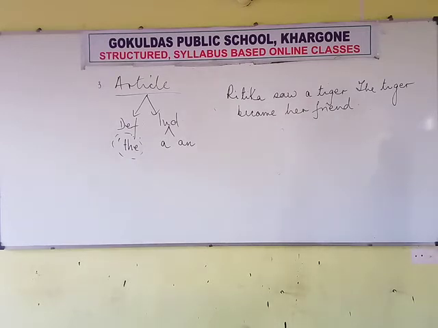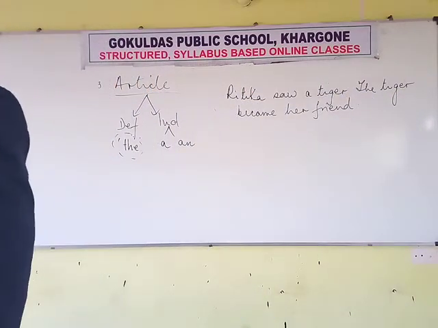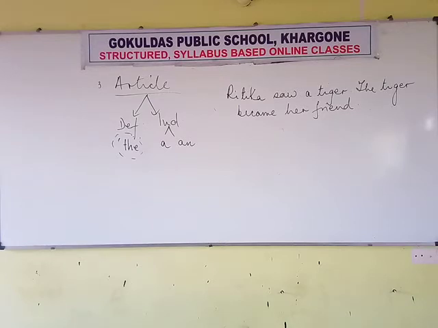So these are two places where you use the definite article. Don't use it in a third place. First, when I am talking about something special, something unique, something which is only one. Second, when I am talking about something for the second time or the third time. Apart from this, don't use "the." Another thing about this article, we never use "the" before a person's name.